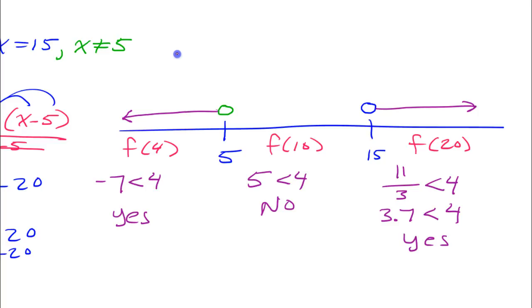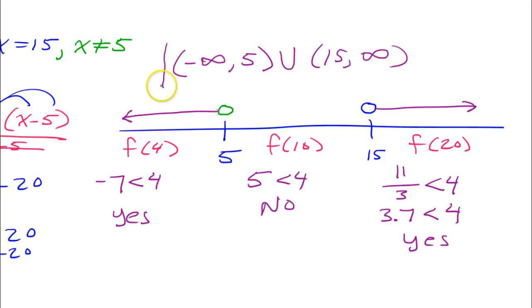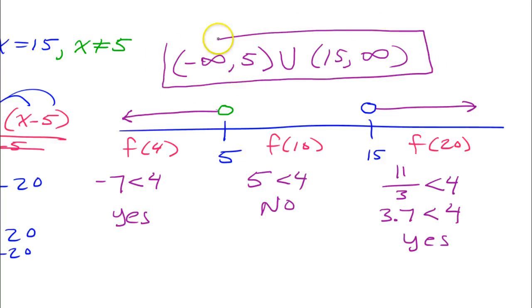This first arrow goes from negative infinity to 5, parenthesis, because it's an open circle, not included, and then again from 15 to positive infinity. So that is the final answer.